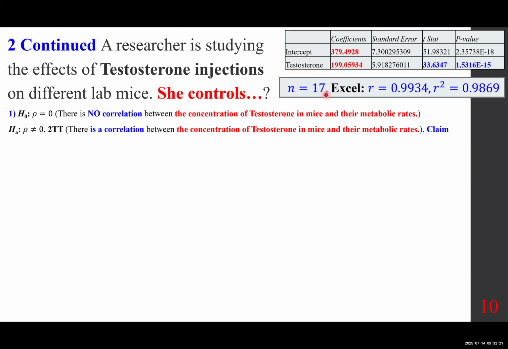And now the next thing is to do the test statistic. And I'm going to do this again, two methods. One of them is using the formula T equals R minus mu sub R over the square root of 1 minus R squared over n minus 2. Okay. And we don't have to do any calculation. It's done for us. This number, everybody, is 33.635. It's done for you. You just have to recognize it.